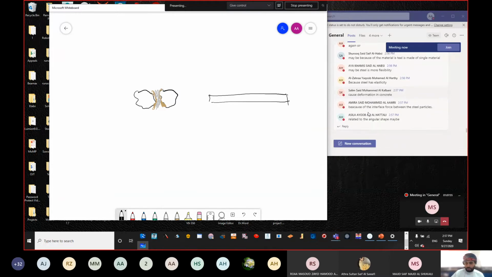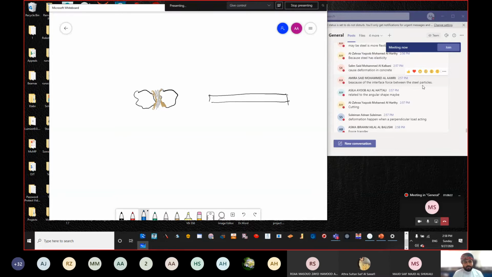Return back to the origin so you'll understand. What's the meaning of shear? Cutting. How is cutting happening? Deformation happens when a perpendicular load is active.